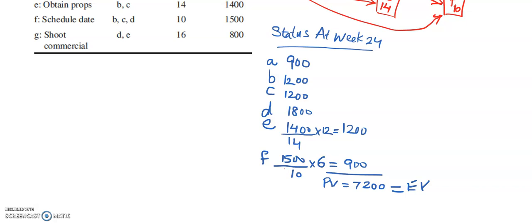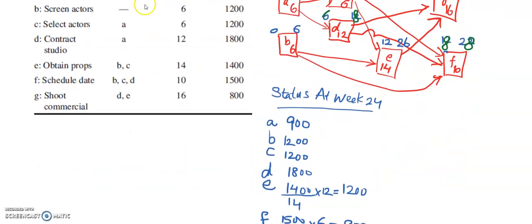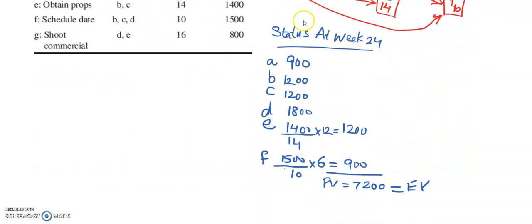Yes, so we have determined that we are doing this problem number 5, and the planned value is 7,200, which is the same as the earned value as it has been given in the statement of the problem.